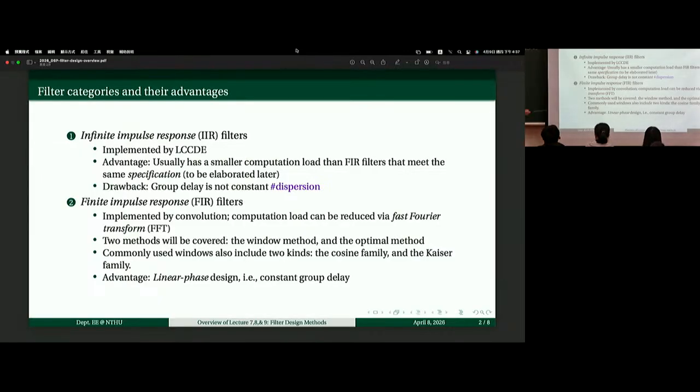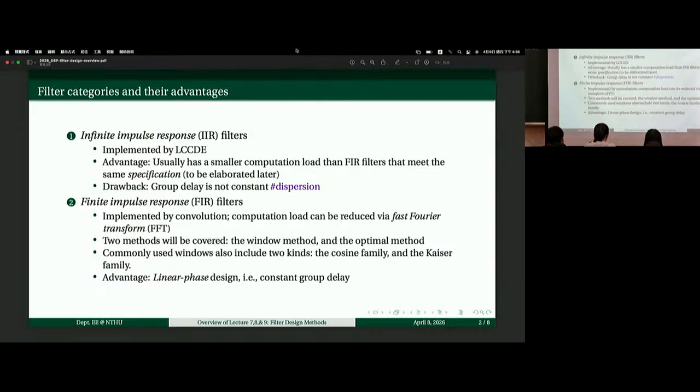Whereas FIR is implemented by convolution, and convolution turns out can be accelerated. In other words, we can reduce the computation load through fast Fourier transform. Something to keep in mind: IIR is a direct implementation using this equation, but FIR can be accelerated by FFT.